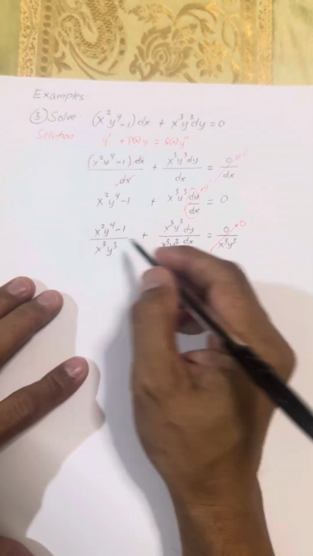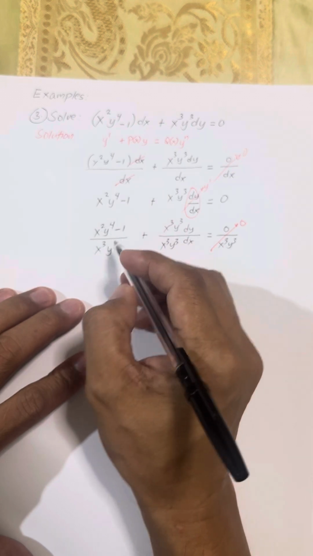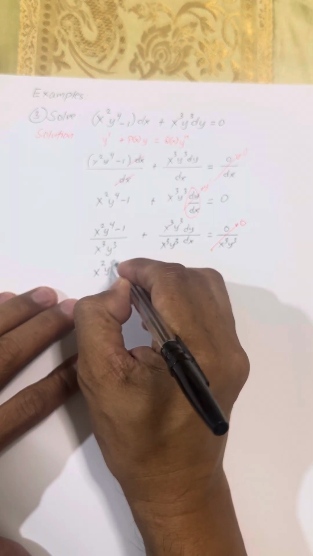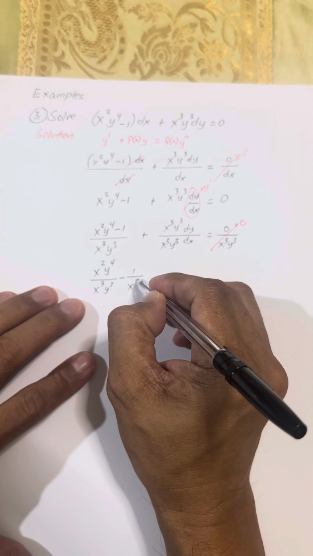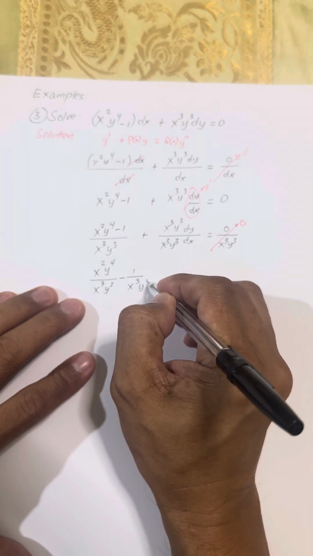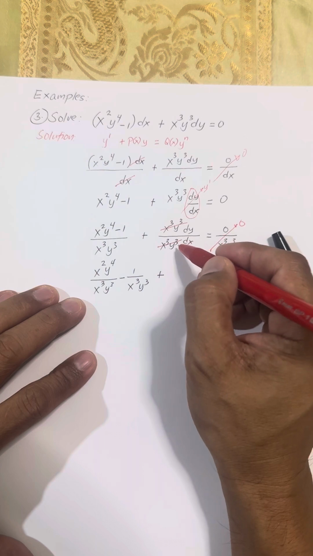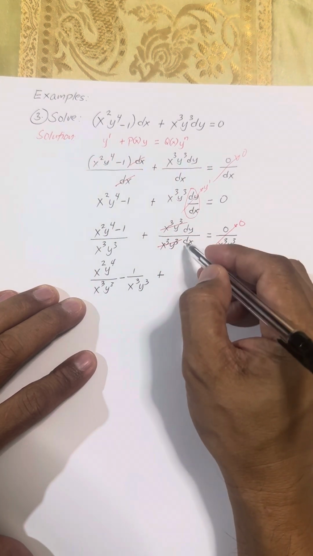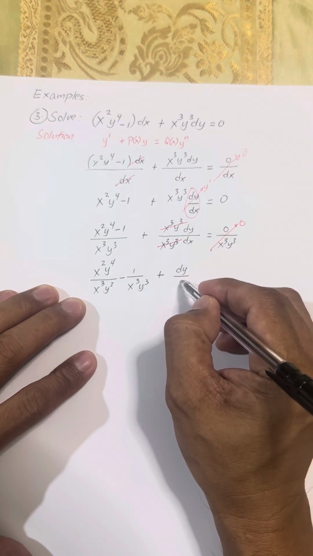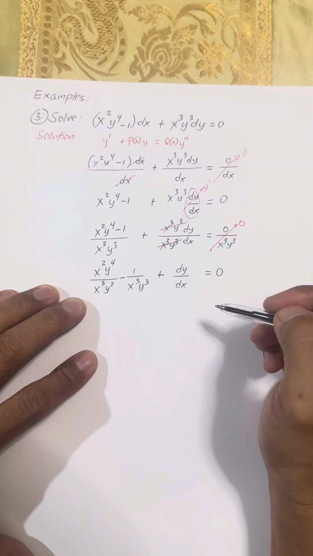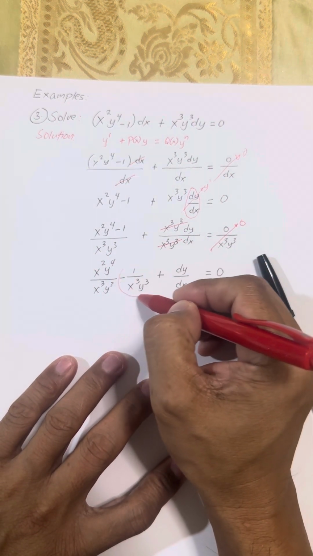On the left side, we can divide the two terms of the first part individually: x squared y to the fourth divided by x cubed y cubed, minus 1 over x cubed y cubed, plus, x cubed y cubed cancels out, leaving dy over dx, equal to 0.